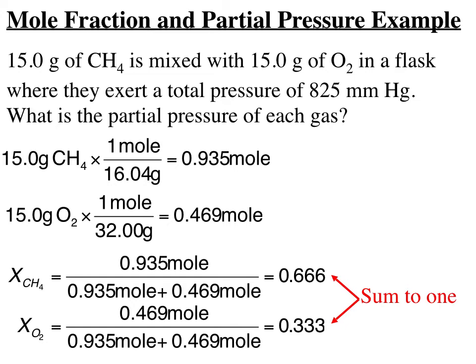Then I find the mole fraction of each by taking the moles of each divided by the total moles, and I get the mole fraction of methane to be 0.666, the mole fraction of O2 to be 0.333. When I sum them together, I get 1 for the total mole fraction of all the gas in the sample, as I should.